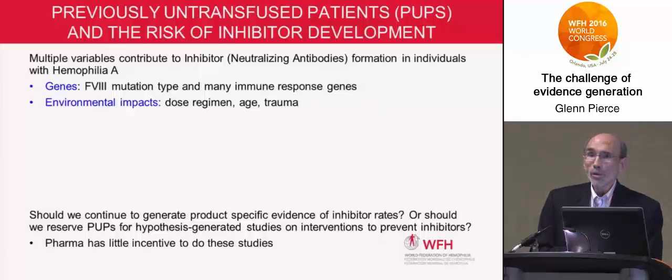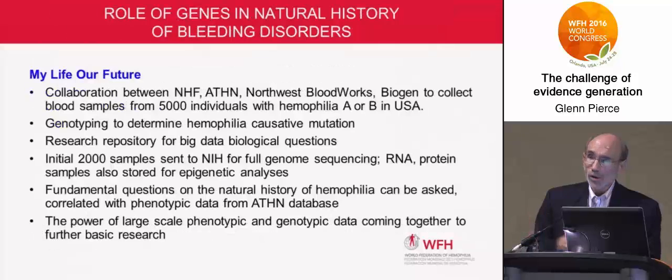And so what can we be doing to intervene as new patients begin to receive factor replacement therapy to prevent them from making an inhibitor? That's something that I think we as a community have paid very little attention to, and pharma really has no incentive to pursue some questions like that. They're primarily interested in looking at their particular product.